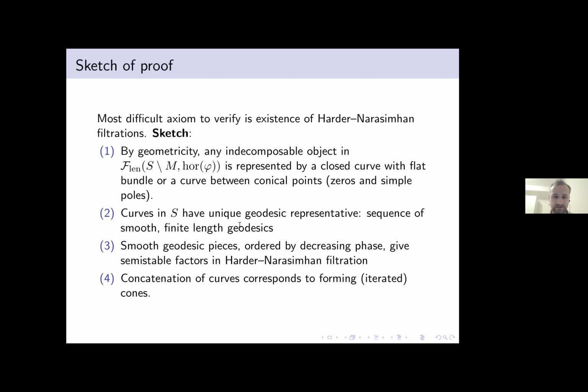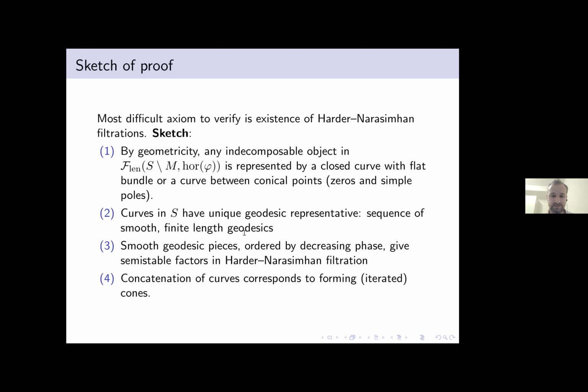Yeah, so once you have this, you have a geodesic representative, so you can imagine some concatenation of smooth geodesics, and these pieces will then correspond to the semi-stable factors in the Harder-Narasimhan filtration. I mean, more or less, a direct sum of several pieces might be one semi-stable piece in here. And then putting these individual straight lines together corresponds to forming this iterated cone in the Harder-Narasimhan filtration.